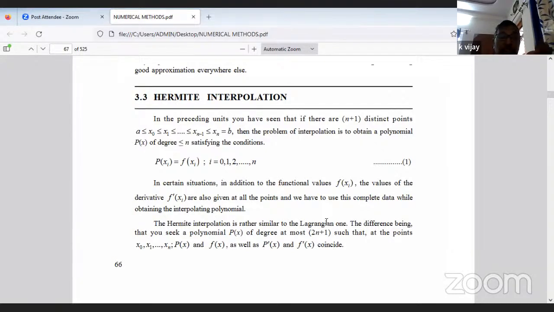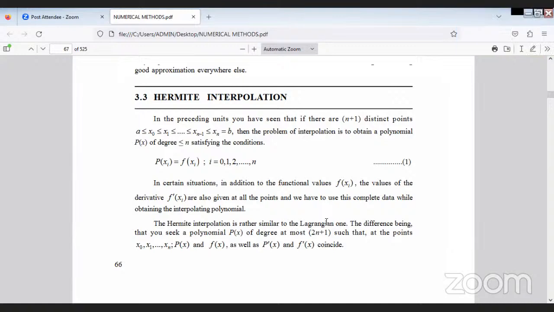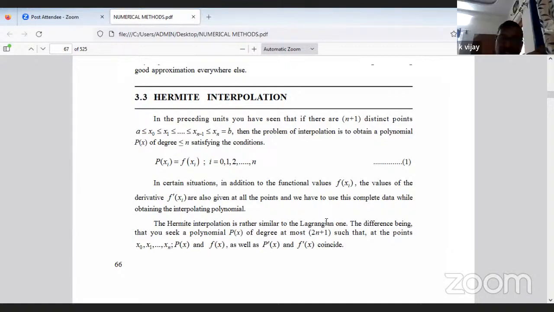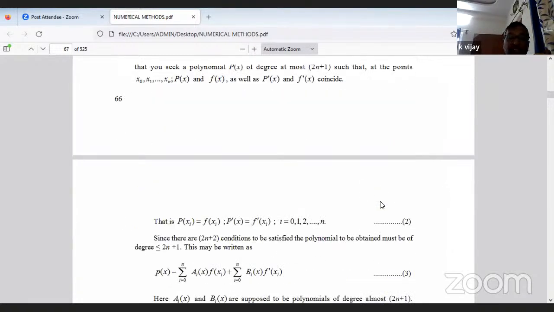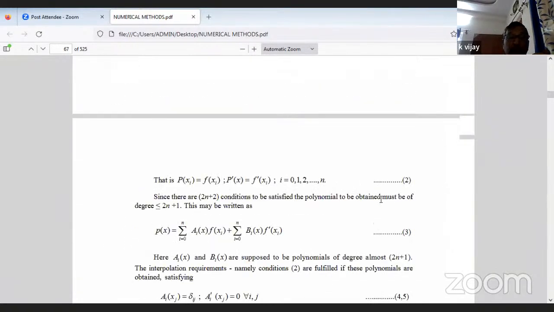The difference being that the Hermite polynomial p of x, of degree at most 2n plus 1, at the points x0, x1 and so on, xn, is such that p of x and f of x, as well as the first derivatives p dash x and f dash x, coincide. So p of xi is equal to f of xi, and p dash xi is equal to f dash xi.